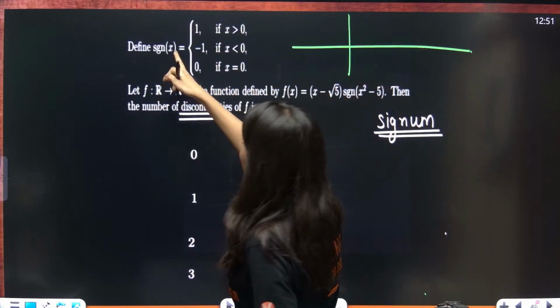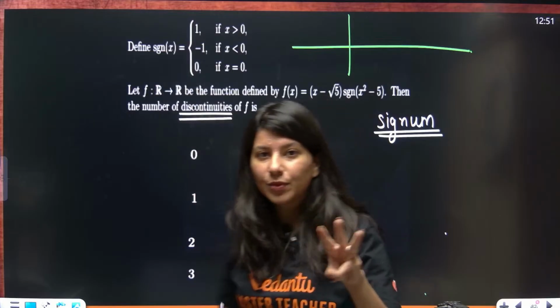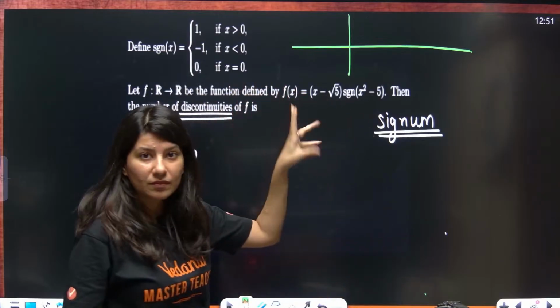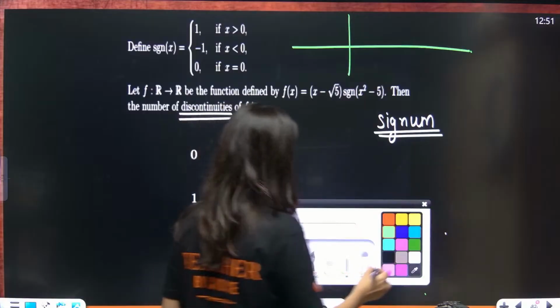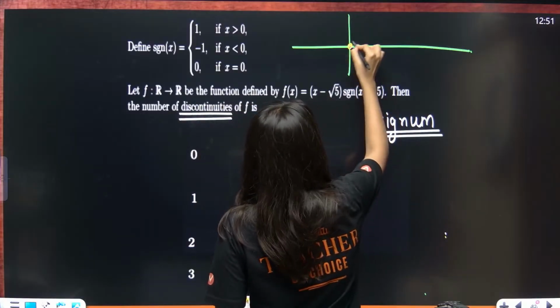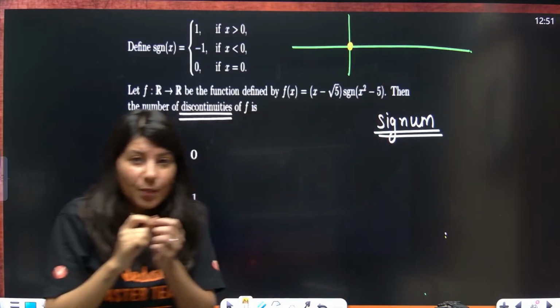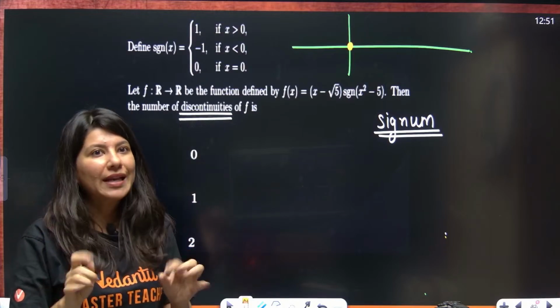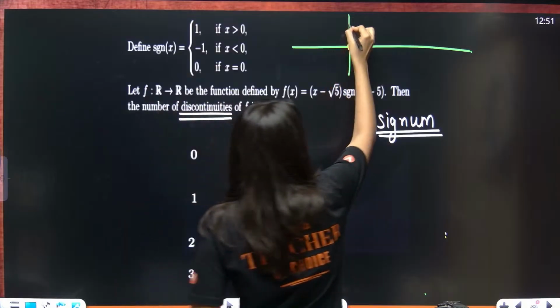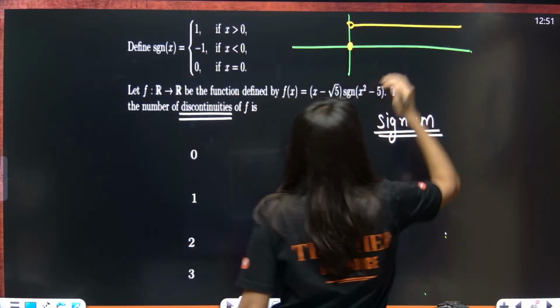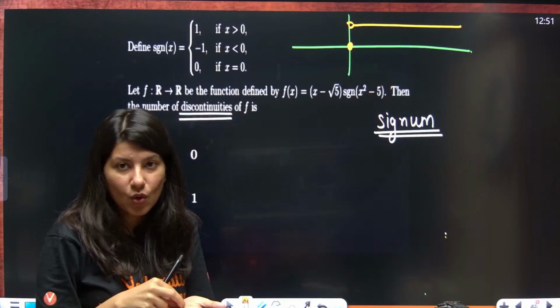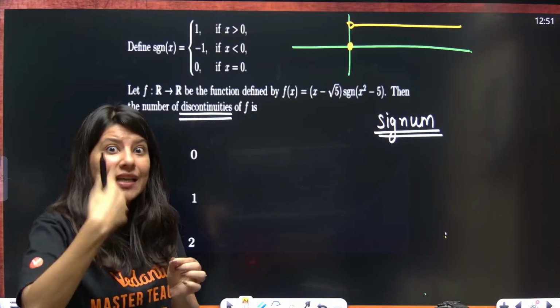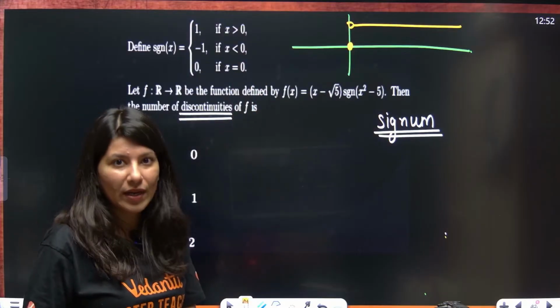Signum of, see three values you can put inside the signum. First, if you put x is equal to 0, you will get 0. And the moment you put any positive quantity, you will get 1. So starting from exact 0, you will get 0, but 0 point anything will also get you 1.